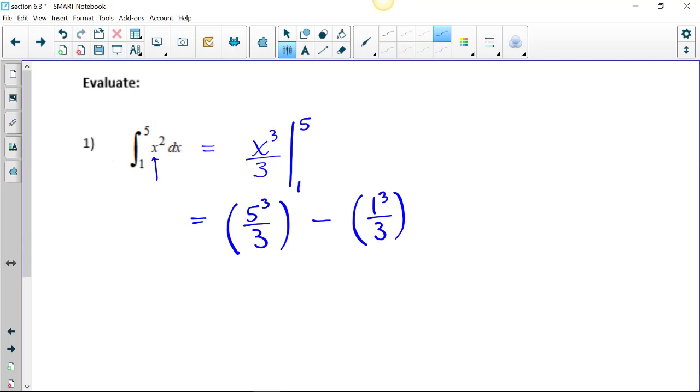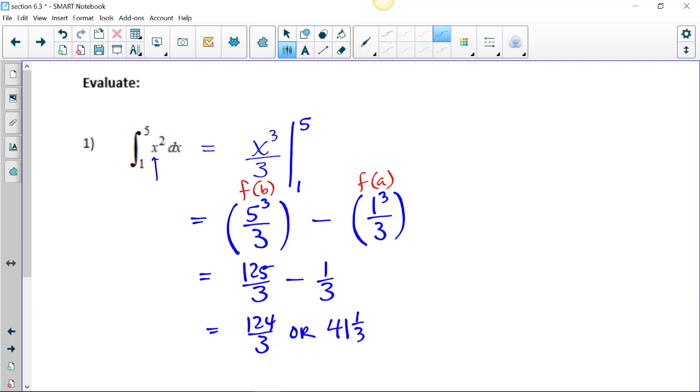And then I subtract. This is my f of b, and this is my f of a. You evaluate those, and then you subtract. So I end up with 125 over 3 minus 1/3, which is 124 over 3, or I think 41 1/3.